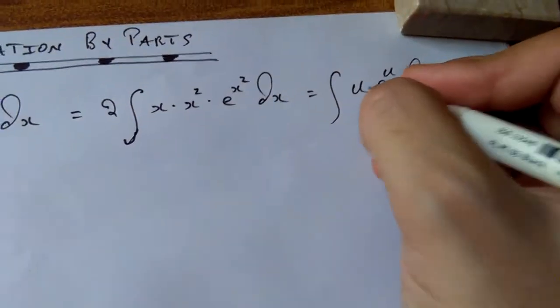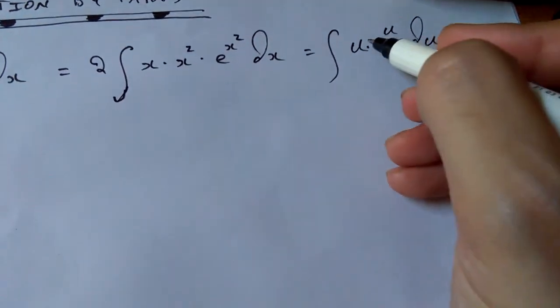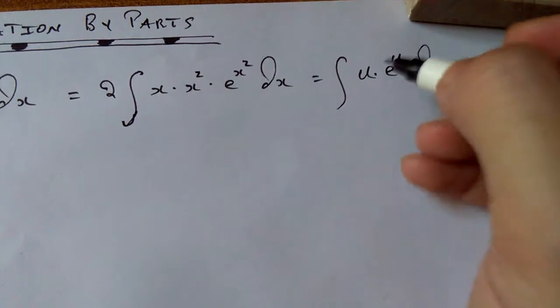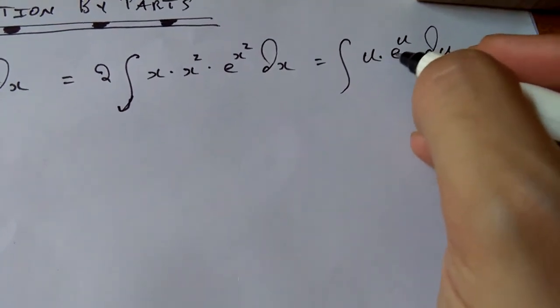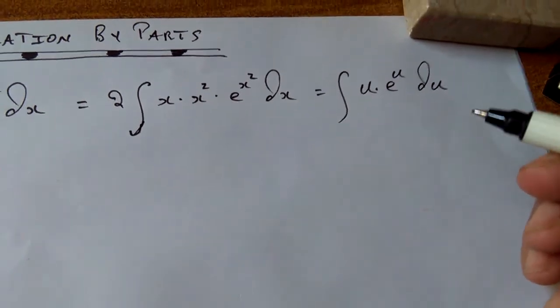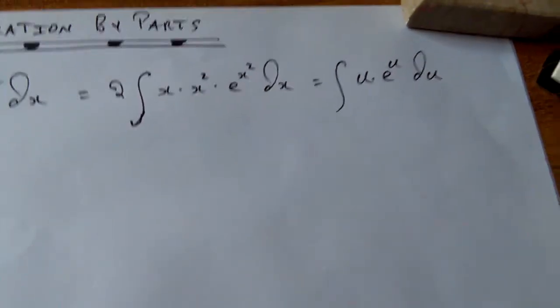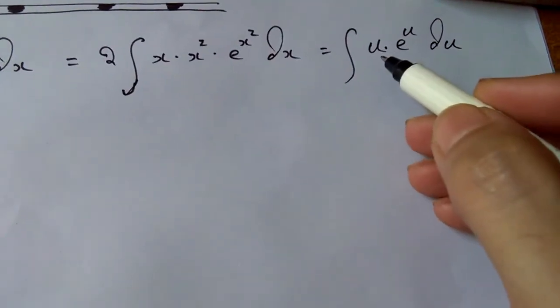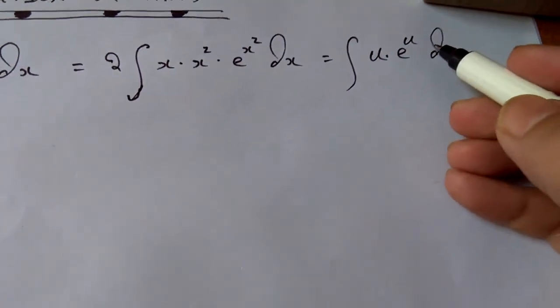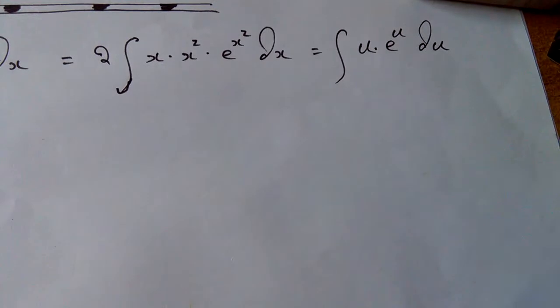Now you can see that still the integrand is expressed as the product of two functions, and neither function is the derivative of the other. Now you are going to apply by parts. The question arises which function you should take as your f of x, the function to be differentiated, and which function as your g of x, the function to be integrated.